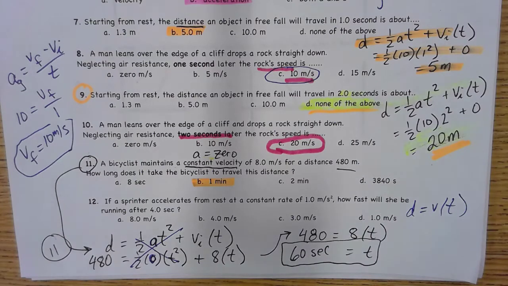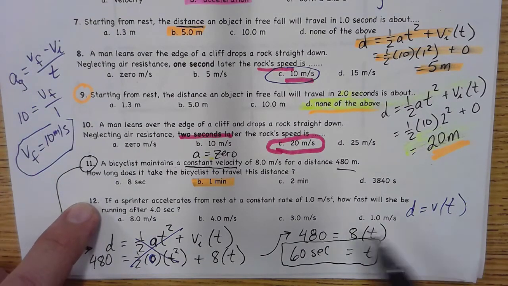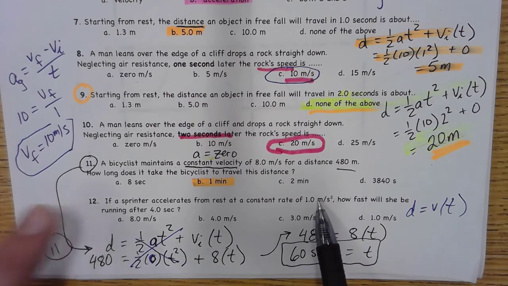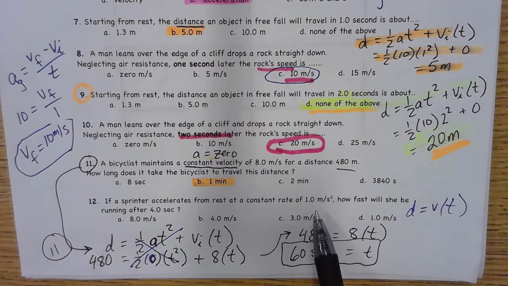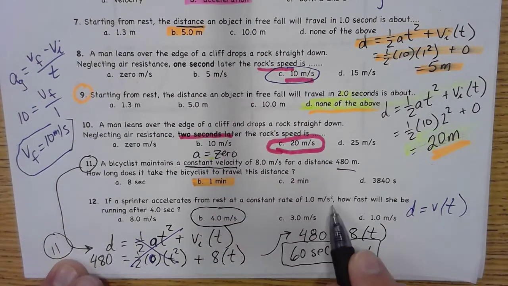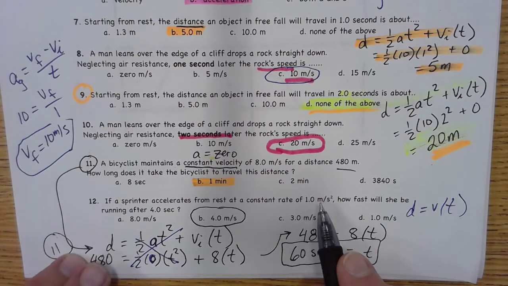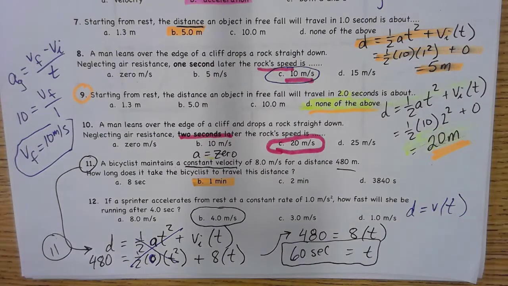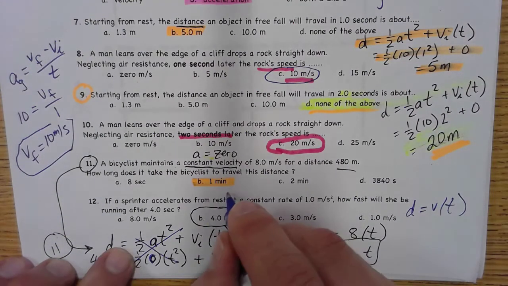All right, number 12. Let's look at 12 here. If the sprinter accelerates, so every second their speed goes up by 1. So after 4 seconds, they're going a speed of 4. On 12, we can do equations.